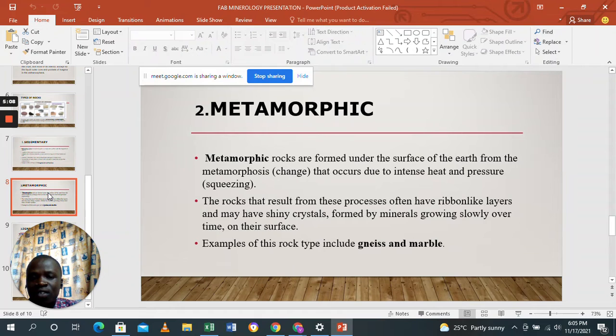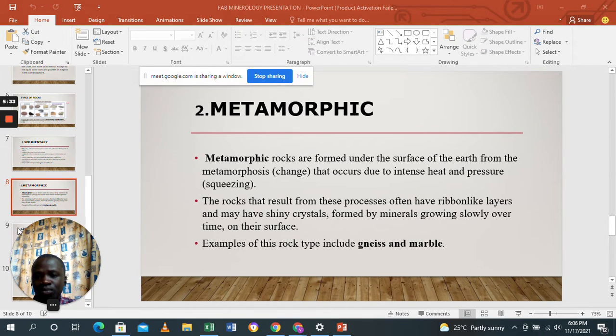The rocks that result from this process often have ribbon-like layers and may have shiny crystal-like formations. Examples of this rock type include gneiss and marble.